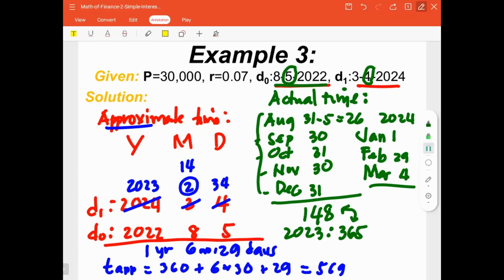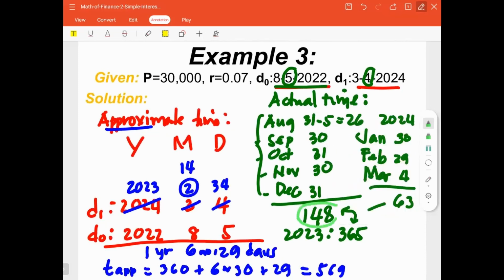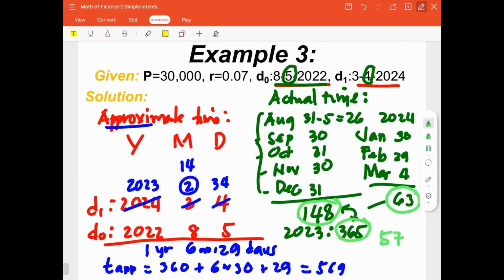Now, for January, starting with January 1, knowing that there are 31 days in January, subtract that 1. 31 minus 1, so it becomes 30 days. So, adding these 3 values, we have 13, carry 1, so that will be 63. Now, adding 148 plus 365, then 63, we'll have 576 days. That's the actual time.